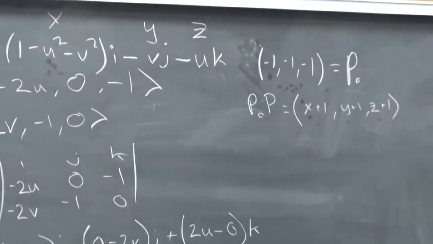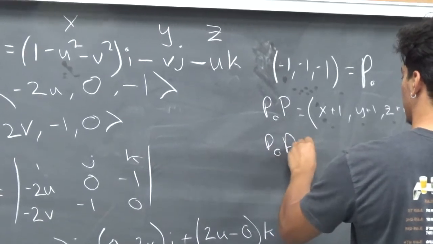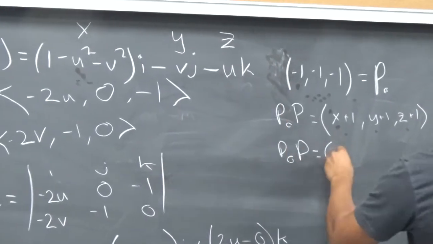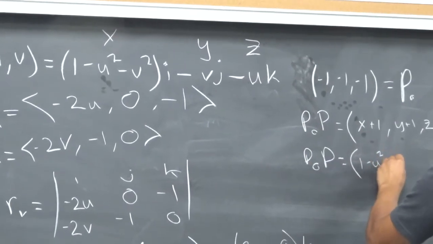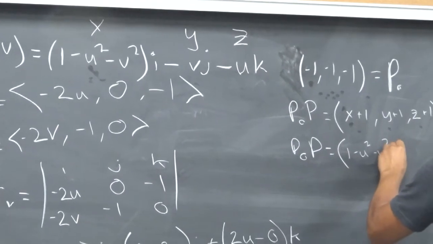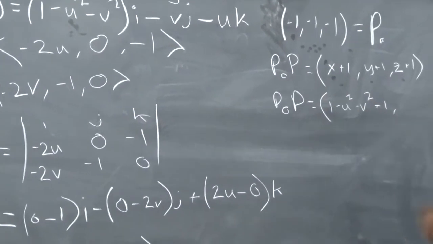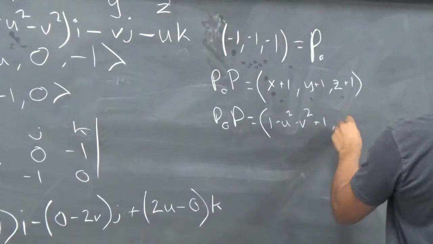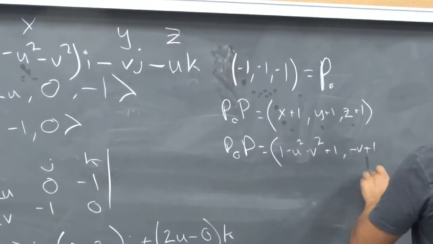And so we're going to do this now. P will equal, and we got 1 minus u minus v plus 1 for our x in the point. And then we're going to go here. So then we have minus v plus 1.